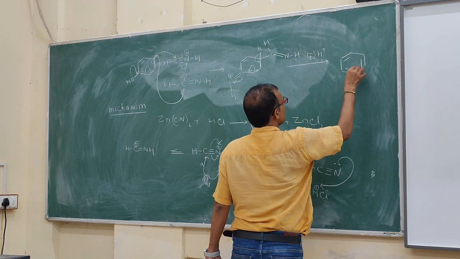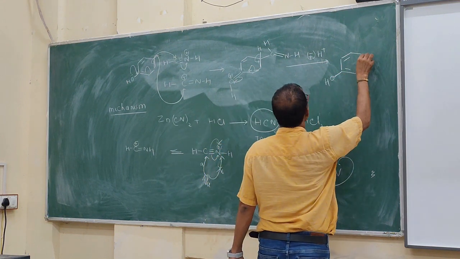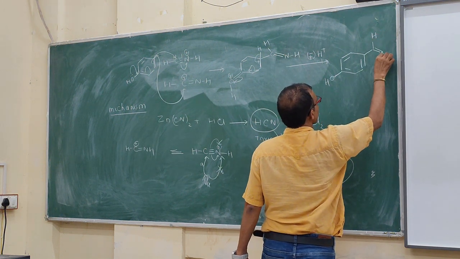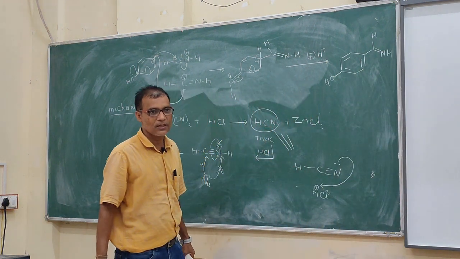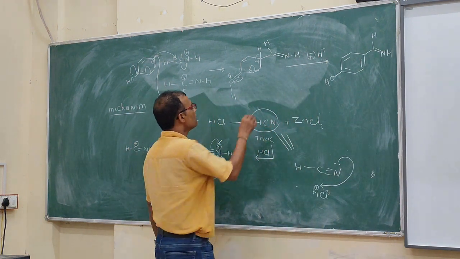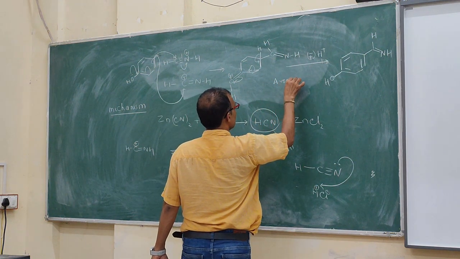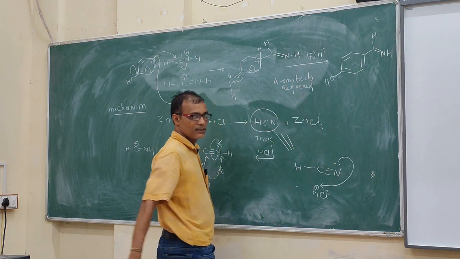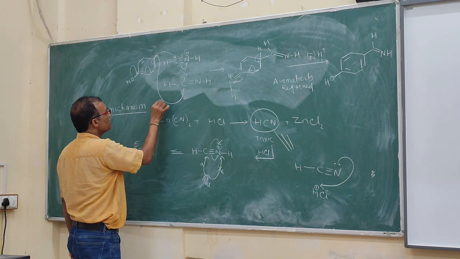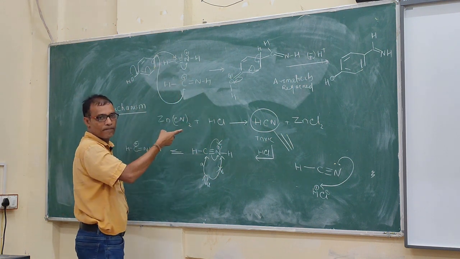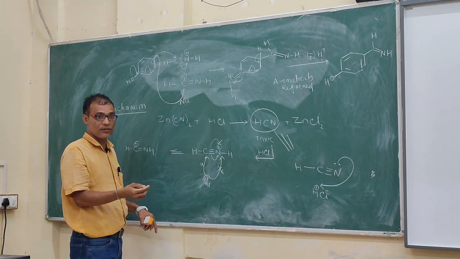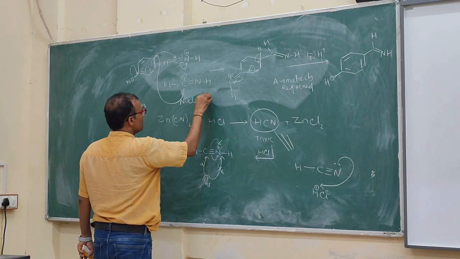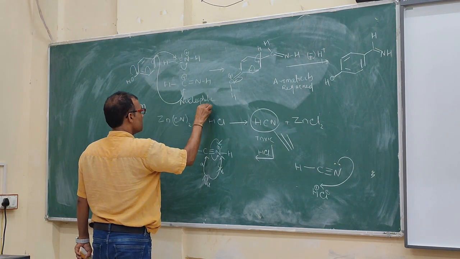So aromaticity is gained, with the double bond, H, N, H. Now we are at this stage, where aromaticity is regained. This is what we call nucleophilic addition, because it's not substitution. We are just adding this group. Am I correct? So it's nucleophilic addition.